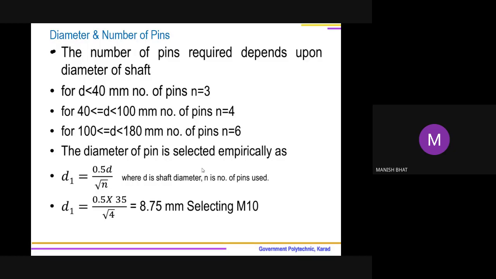It is 0.5 D upon under root N. So D1, the diameter of pin, comes out to be 8.75. I will be choosing nominal size 10 millimeter, so M10 threads are provided. D1 will be 10 millimeter.